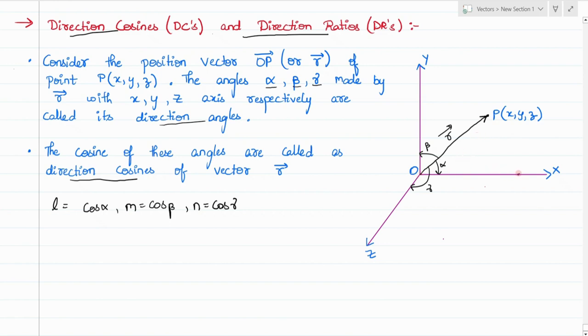Next, let A be a point on the x-axis and OA be its vector.